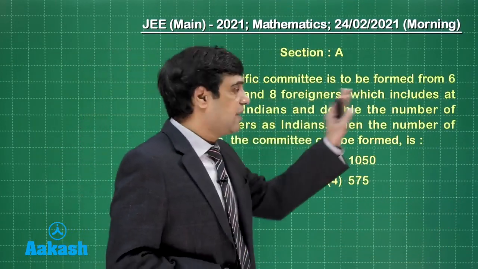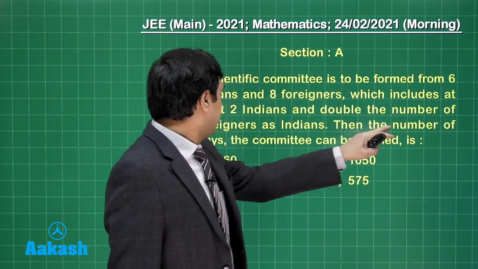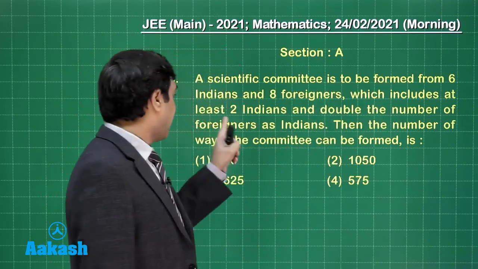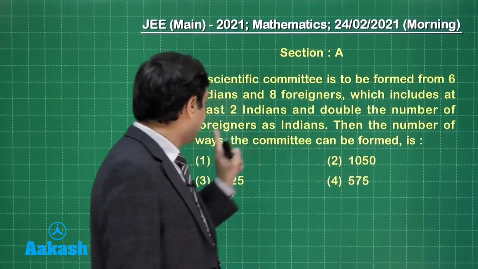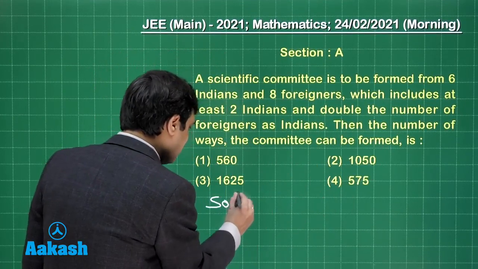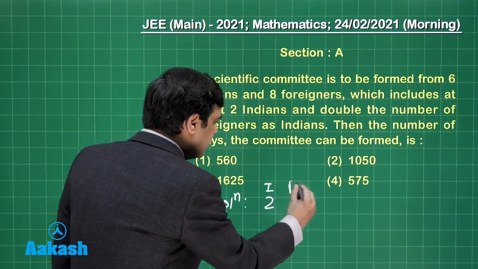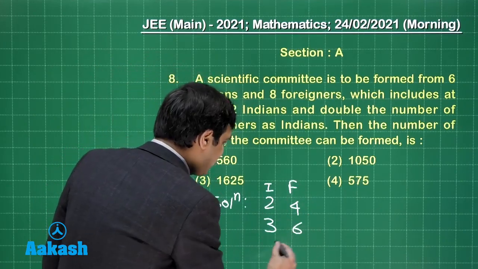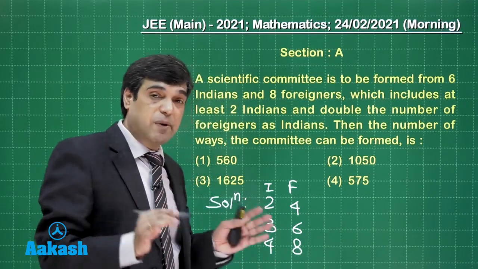A scientific committee is to be formed from 6 Indians and 8 foreigners, which includes at least 2 Indians and double the number of foreigners as Indians. Clear on it? Then the number of ways the committee can be formed is a simple one from PNC. So if you say 2 Indians, then obviously you have to take 4 foreigners, or 3 Indians, 6 foreigners, or 4 Indians, 8 foreigners, that's all, because double foreigners are required.